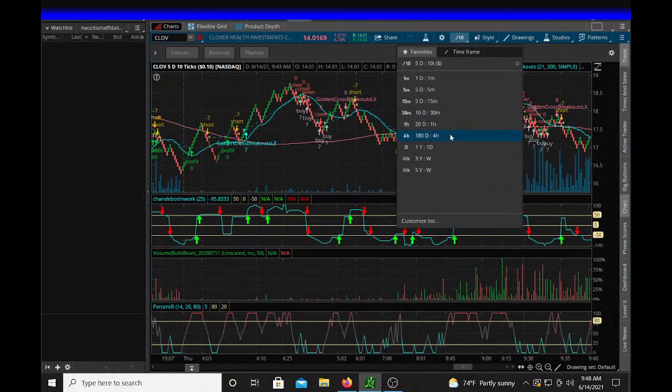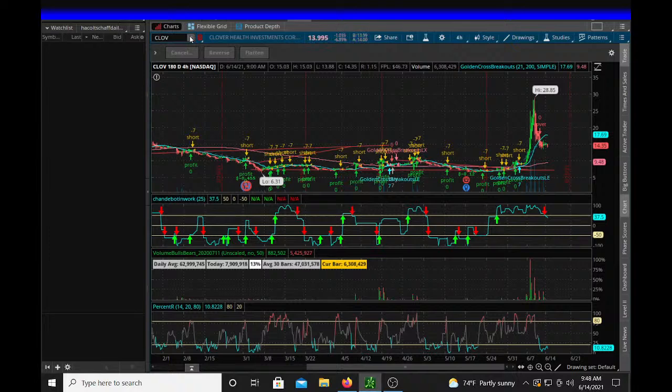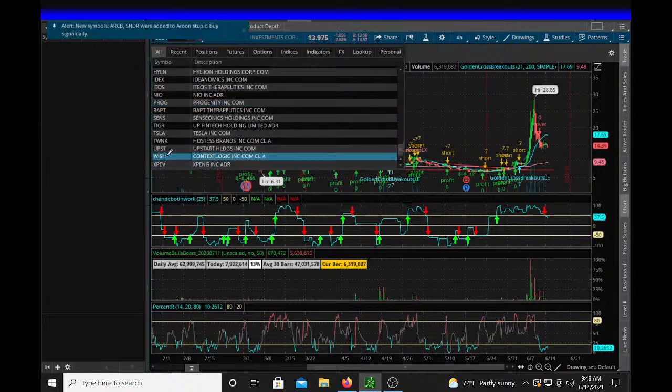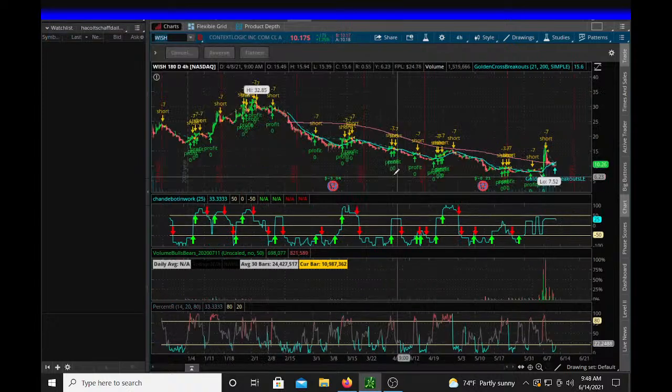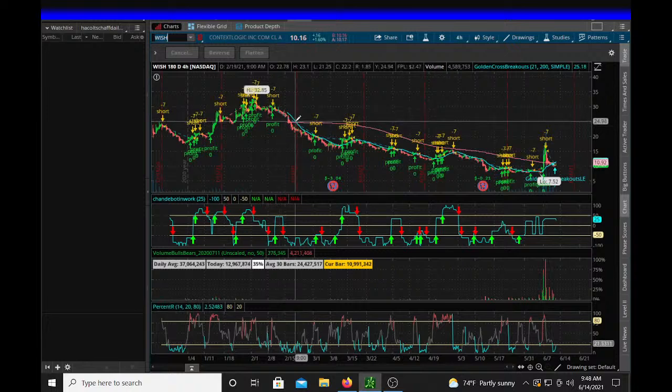See how it looks. All right, we're looking at Clove now. Let's pull over to something like a clean chart. I see. All right, so right here with Wish, the 200 crossed the 21.